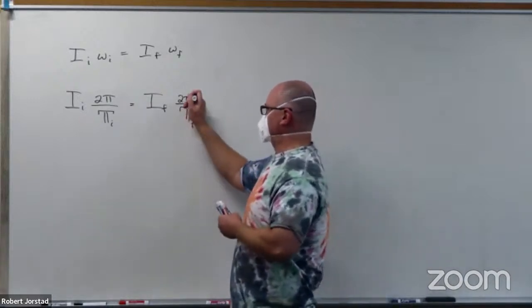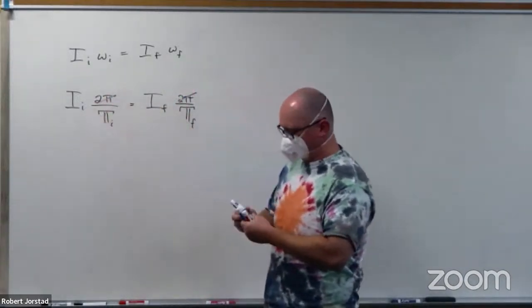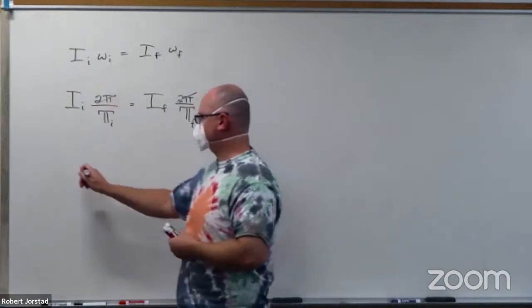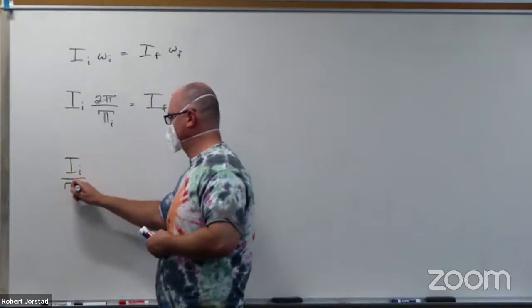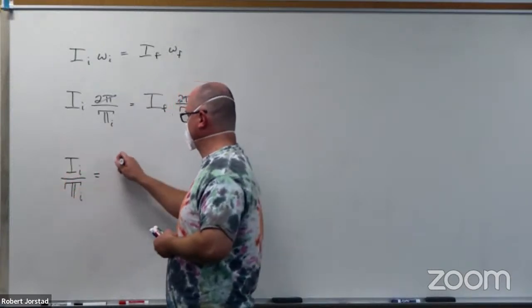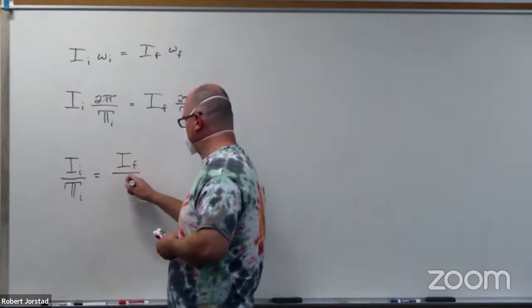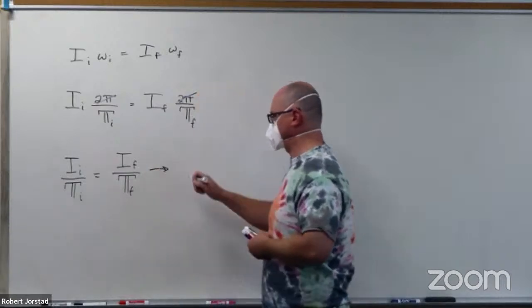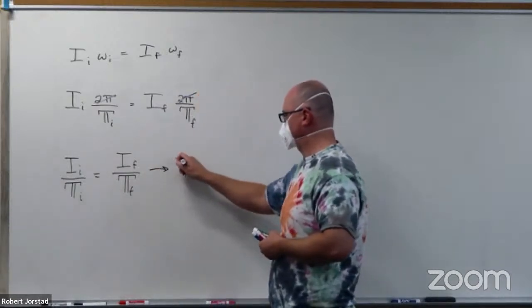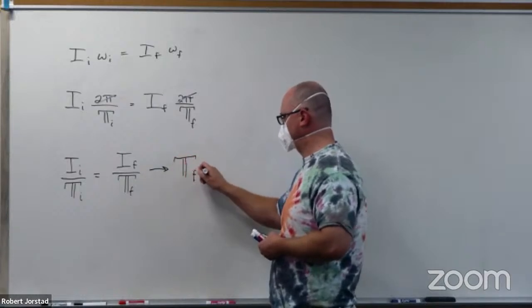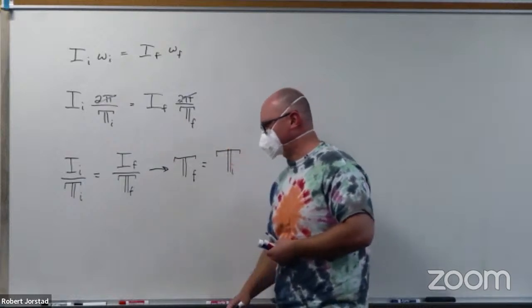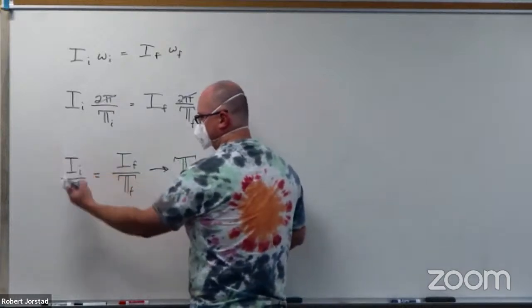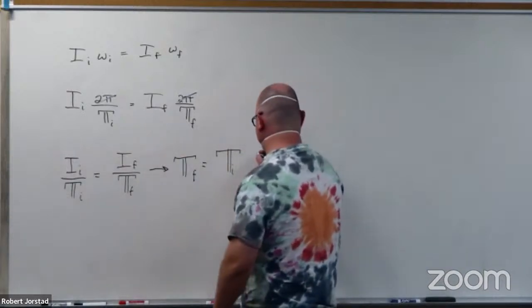Notice the 2 pi's drop out, and we could relate the different periods. If we solve this for the final period, what are we going to get here? Should be the initial period times some factor. Looks like it'll be I final over I initial.